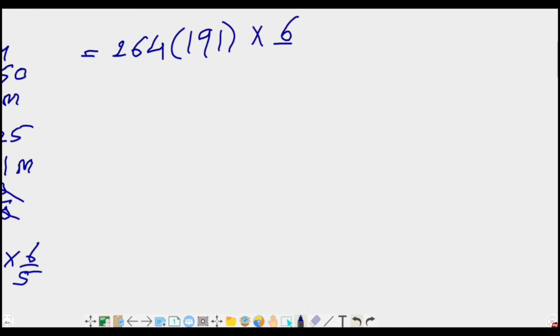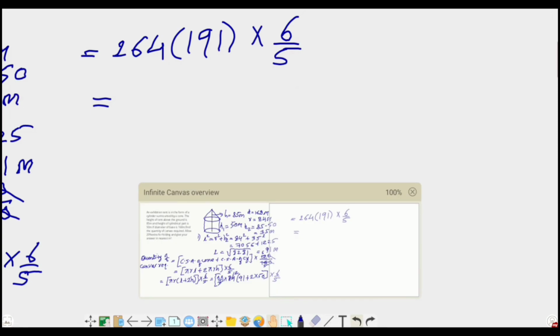Outside it is 6 by 5. So 264 into 191 into 6, whatever you get, divided by 5.